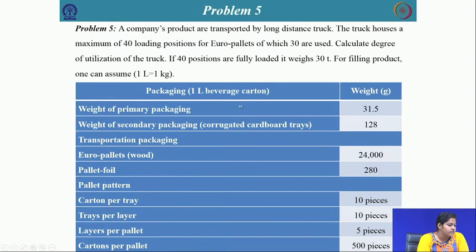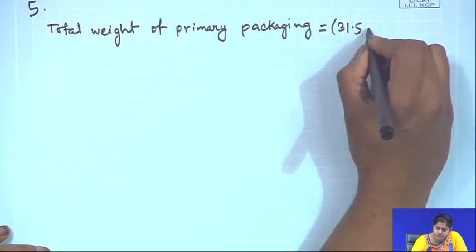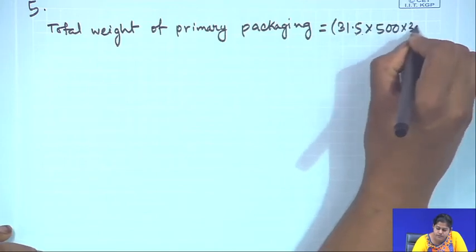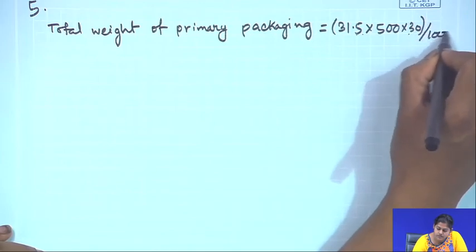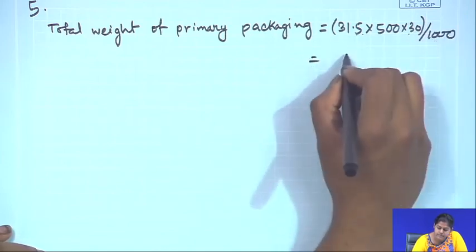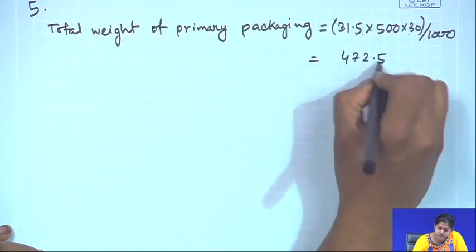Now, we need to calculate the total number of beverage cartons, because only then will we get the number of primary packaging. The cartons per pallet is given as 500 pieces, and there are 30 Euro pallets we are using. So, this will be simply 500 into 30. So, 31.5 gram is the weight of each primary packaging into 500 into 30. This is in gram, we want the answer in kg, so we will divide it by 1000. So, this will be 472.5.